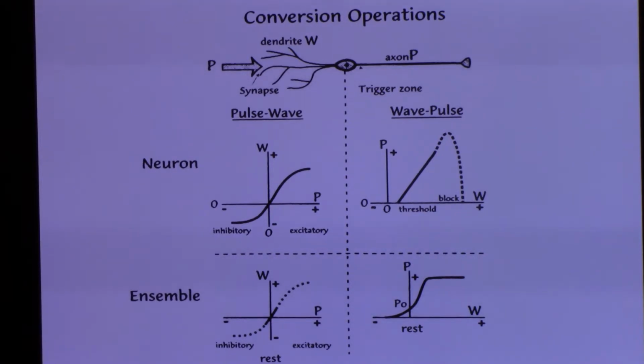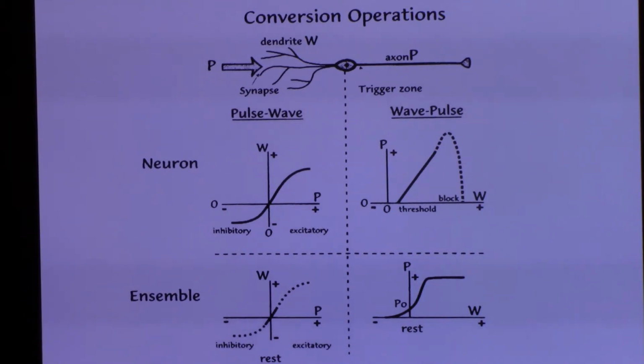So how does that firing rate change as a function of the potential across its dendrites? If you look at it in detail, it's going to have some microscopic structure to what happens, but if you do an average, you can create a relation between a wave and a pulse form of the neuronal signal.